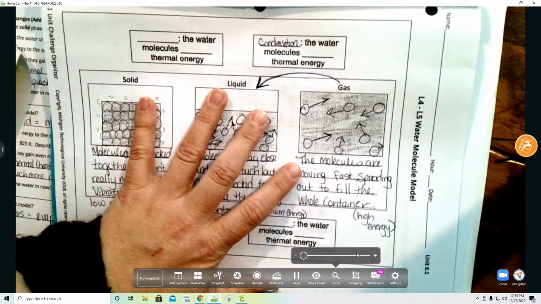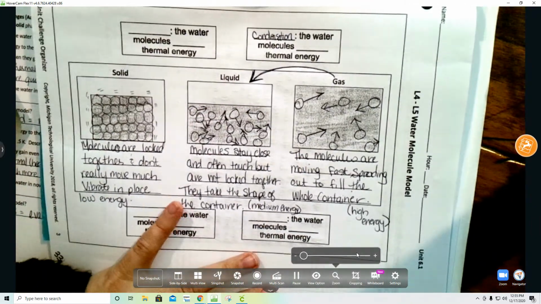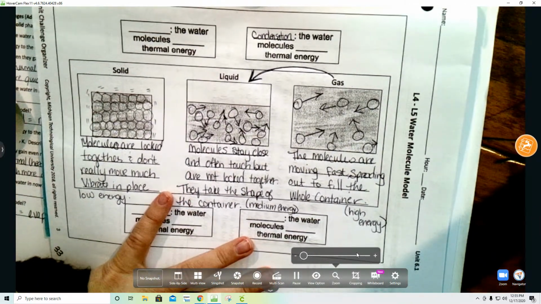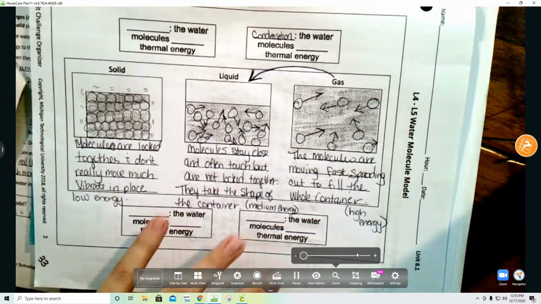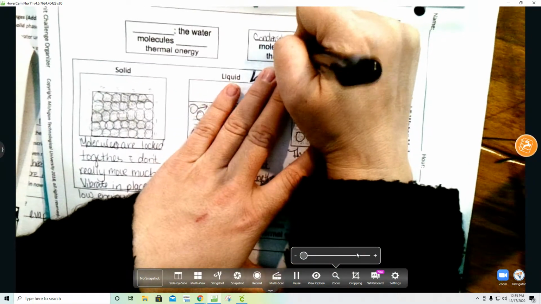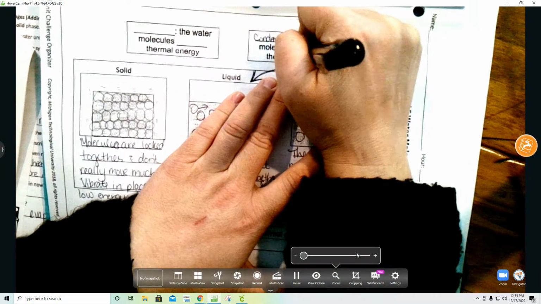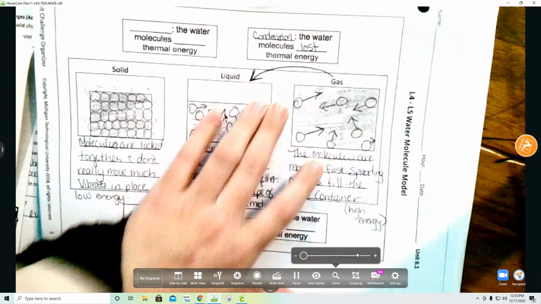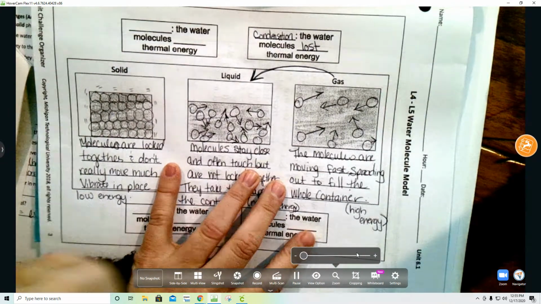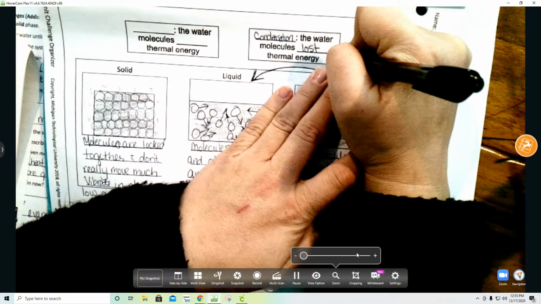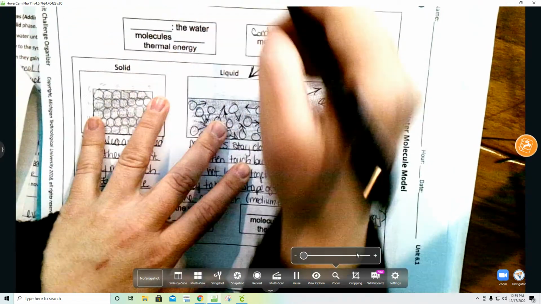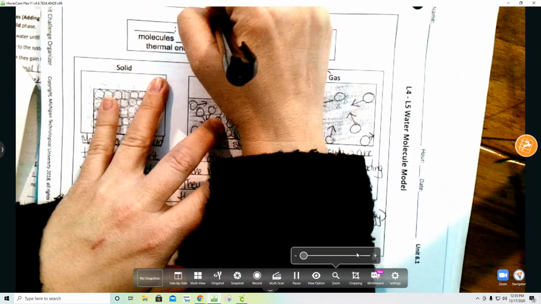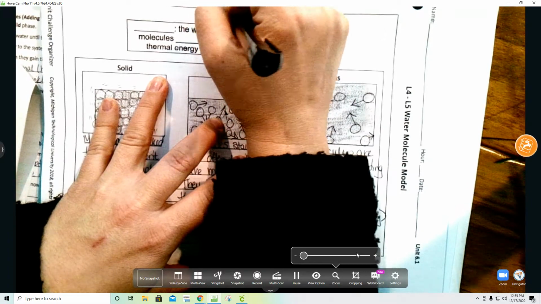We are going to have to write kind of small to make that happen. Okay. In condensation, the water molecules lost thermal energy. So they lose thermal energy, they cool down. I want you to write cooling in parentheses as well. Maybe up here, because it's also going to be in this phase as well. Cooling.